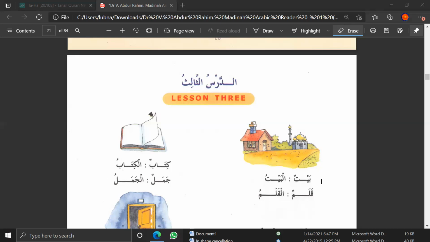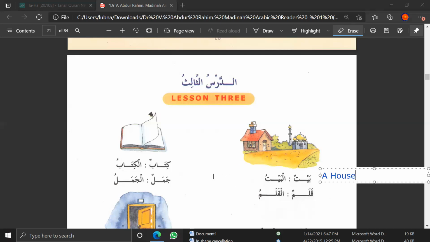Do you have an idea of the meaning? We have been doing haza baitun. Baitun means house, a house. Yes, a house.